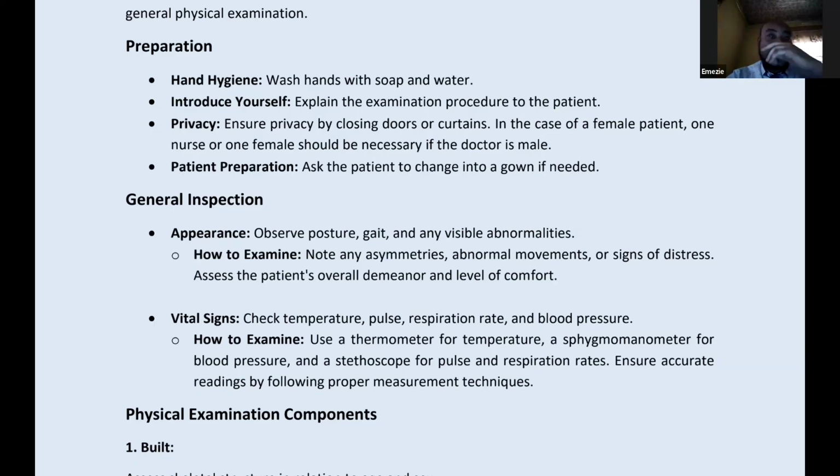If a medical student carrying out an examination stands on the left-hand side, if it is an exam, that person has already failed. So it's advisable to stand on the right-hand side. If you stand on the right-hand side, you'll be able to review the patient perfectly, without any difficulty.